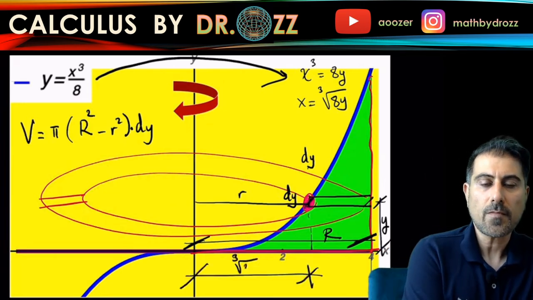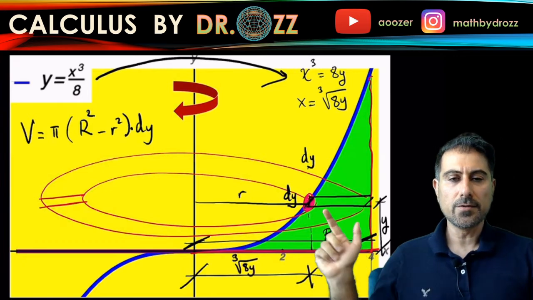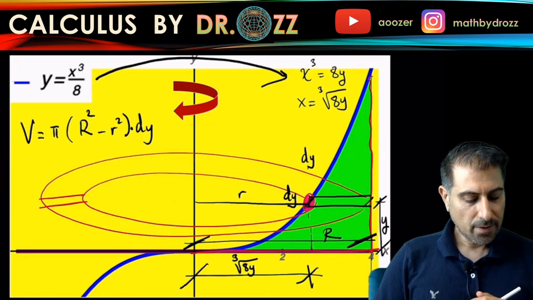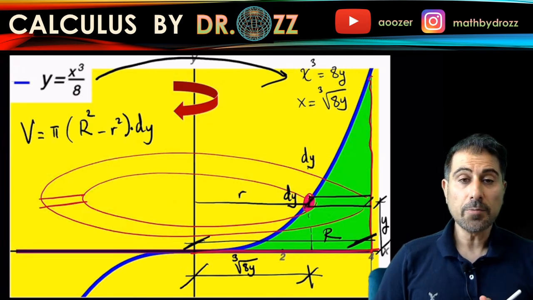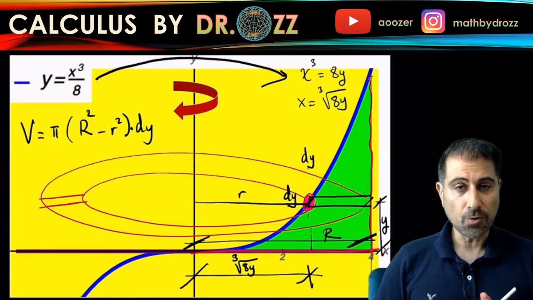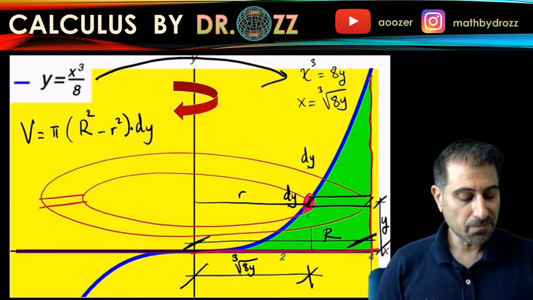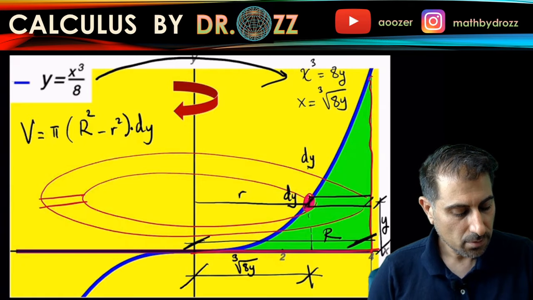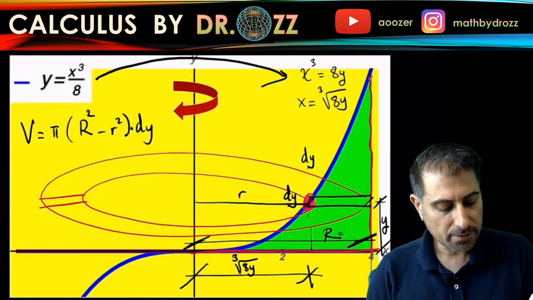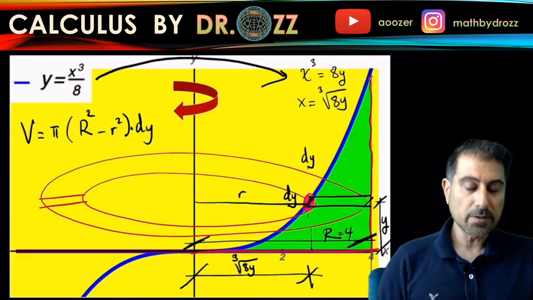And the capital R, the length of the outer radius, is fixed. No matter what slice you take, that's the distance between the vertical line x equals 4 and the y-axis, and that's going to be 4 all the time. So this tells me that little r is this guy, and capital R is already 4.